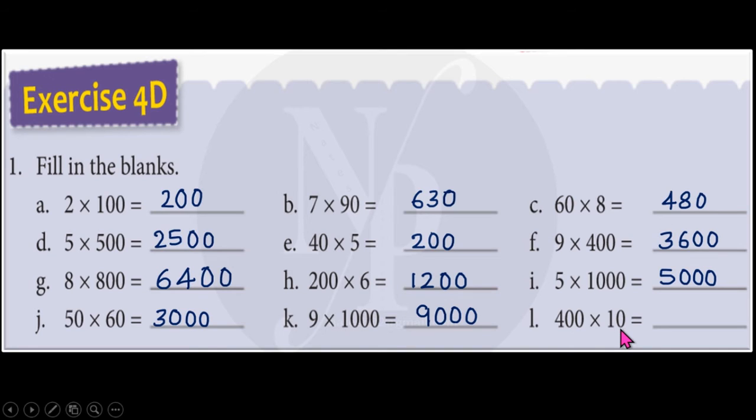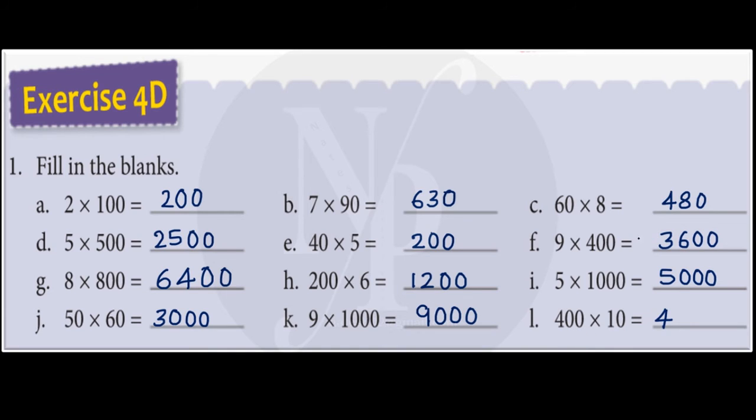So how do we find the product? Yes, first we multiply the non-zero digits, that is 1 into 4. 1 into 4 is 4. And we now look for the number of zeros in these numbers. In the first number we have 2 zeros and in the second number we have only 1 zero. Together it becomes 3 zeros. 1, 2, 3.